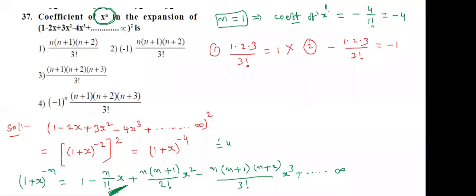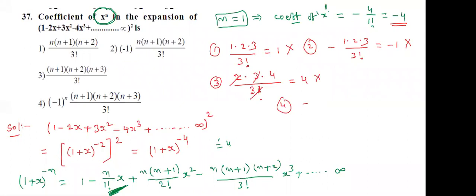So the first option is wrong, the second option also wrong. Go to the third option. If n is equal to 1, the numerator is 2, 3, 4 divided by 3 factorial, which is 6. They cancel, so we get 4. This is also wrong, but we want minus 4. So absolutely the fourth option is correct.